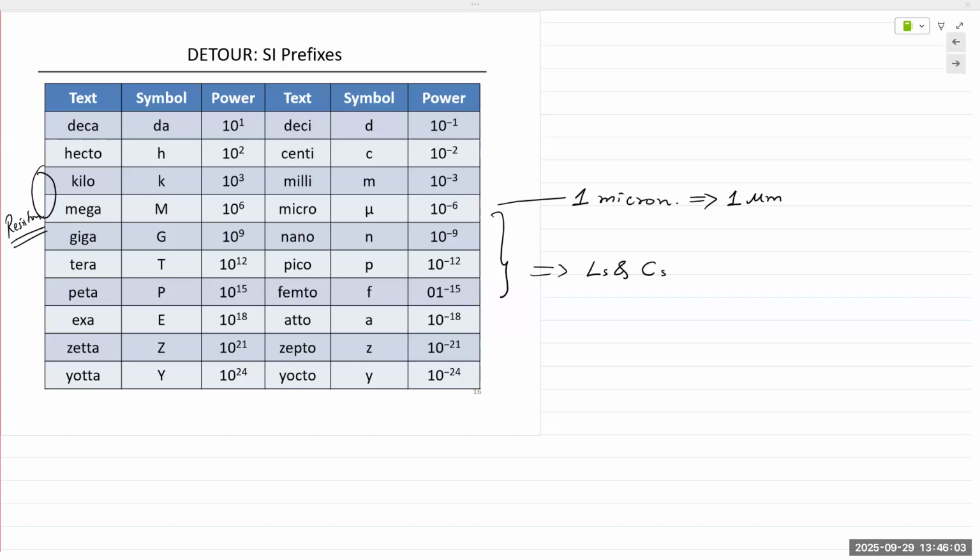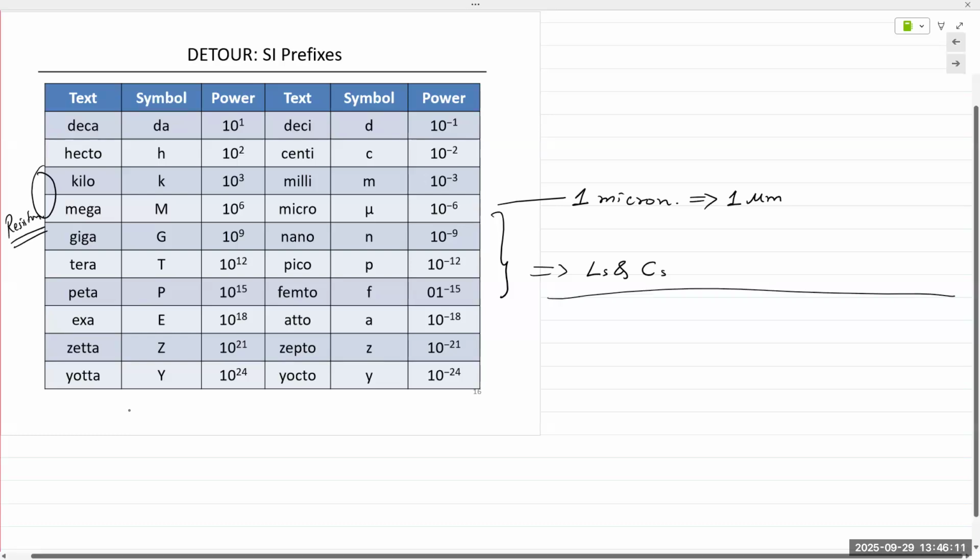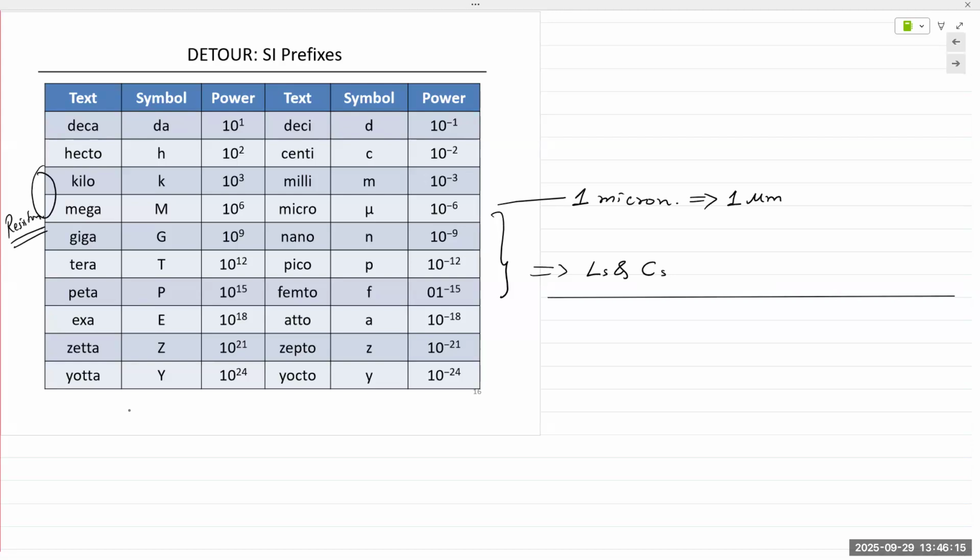To give you an idea of how big these numbers are, let's use the concept of time. 10 raised to 6, or mega, is a million.